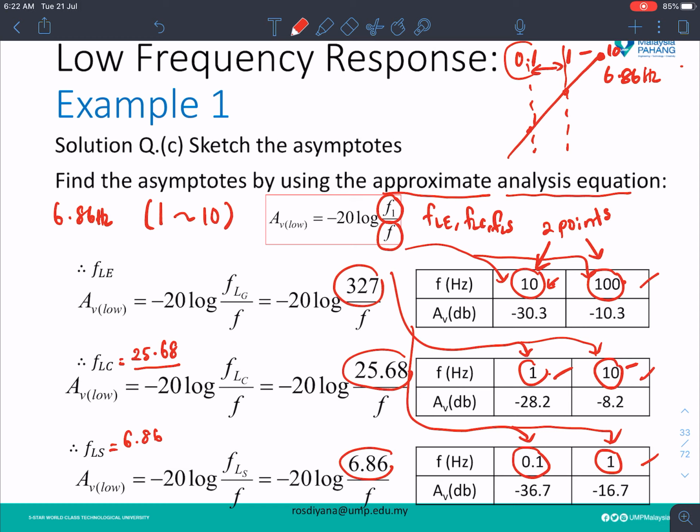Now once you set this value, then you just calculate directly using this equation. By using this formula and this formula, you get this value. After that, plot these 2 points on the graph.